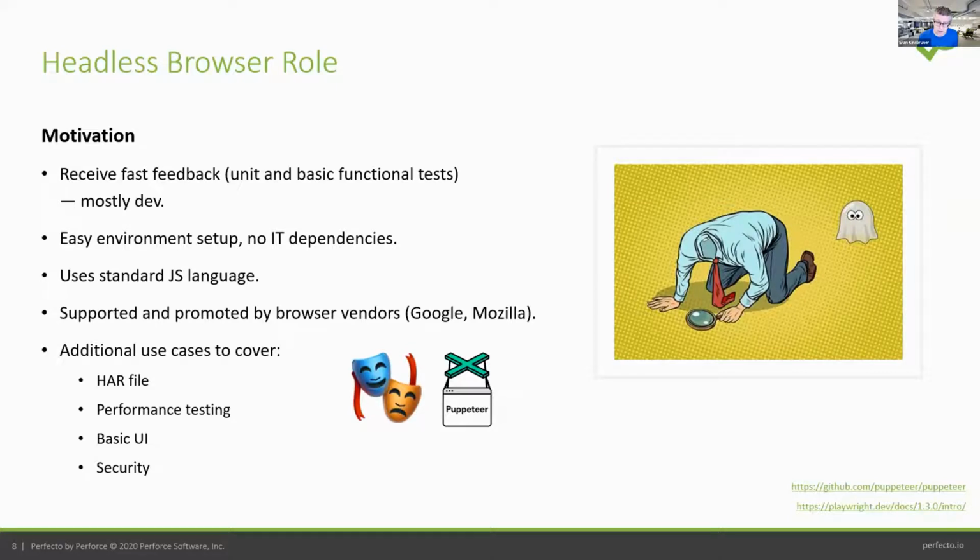Headless browser testing is led today mostly by Puppeteer and Playwright, and they serve many purposes. Most of them are dev-centric, but think about use cases such as gaining the HAR file, HTTP archive file, for monitoring, security and performance inspections. Some UI testing and unit testing are also very suitable for these two frameworks.